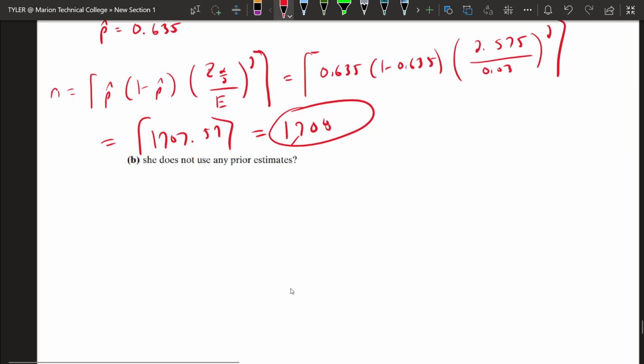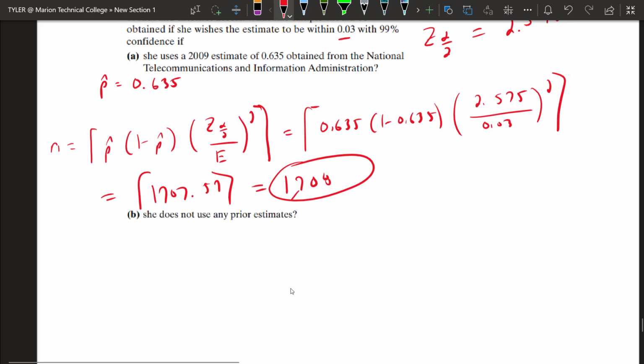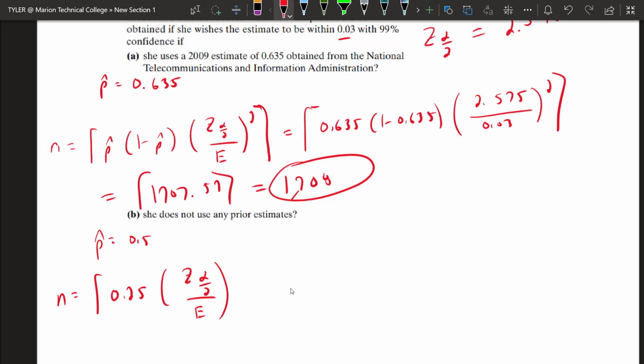Then in part B, if we're not using any prior estimates, remember we're assuming that p hat equals 0.5. So that equation is n equals the ceiling of 0.25 times the critical value z of alpha divided by 2, divided by e, quantity squared.